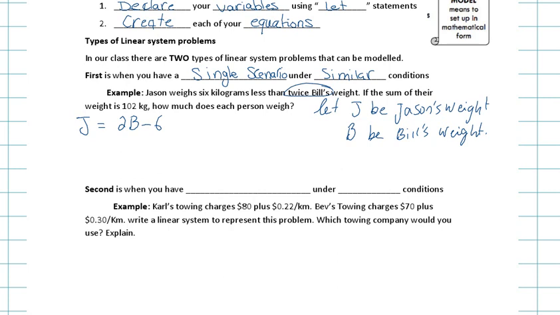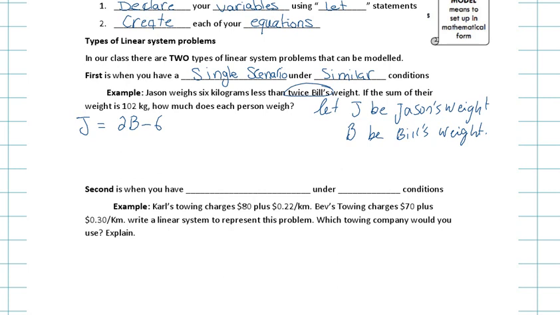So that's the first sentence. If the sum of their weight is 102 kilograms. So how can you transfer that to an equation? The sum of their weight. What does sum mean? Subtraction, addition, multiplication, division. What's sum? Sure. So you're summing, so you're adding.